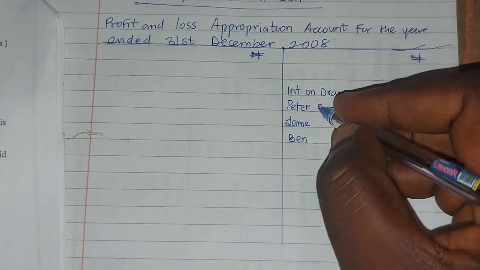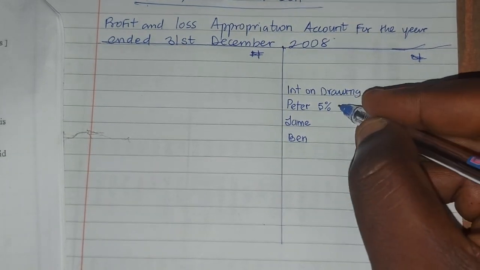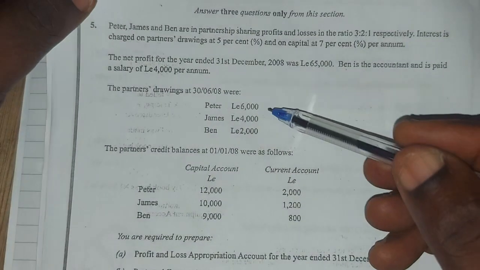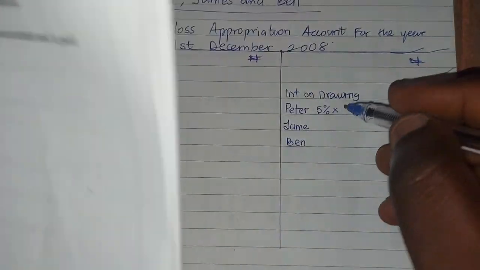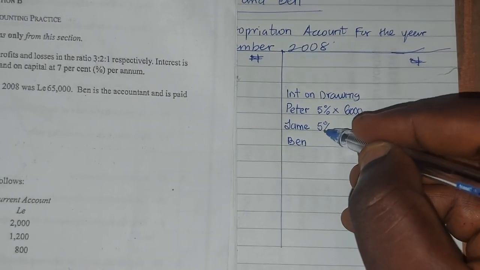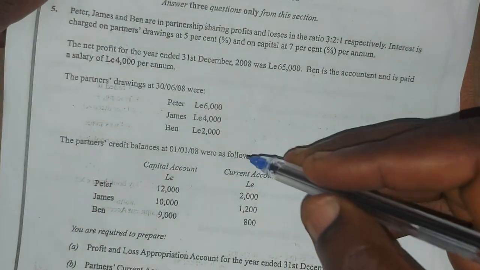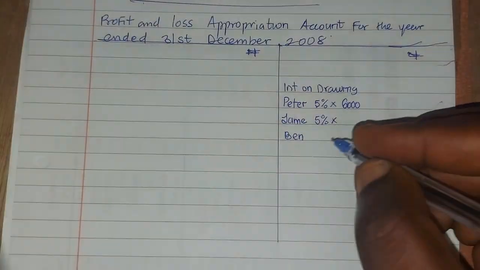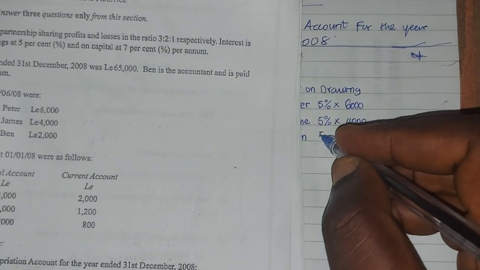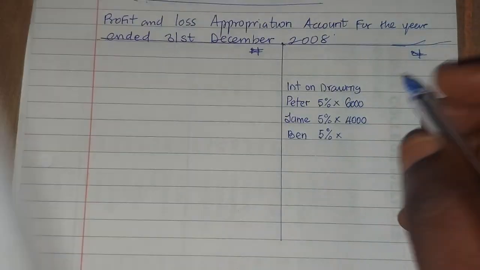Okay, and it is 5/100 multiplied by their drawings. Just go and look for their drawings. These are the partners' drawings. Okay, we have 6,000. 5% multiplied by, for James is 4,000. Then we also have 5% multiplied by, for Ben is 2,000.